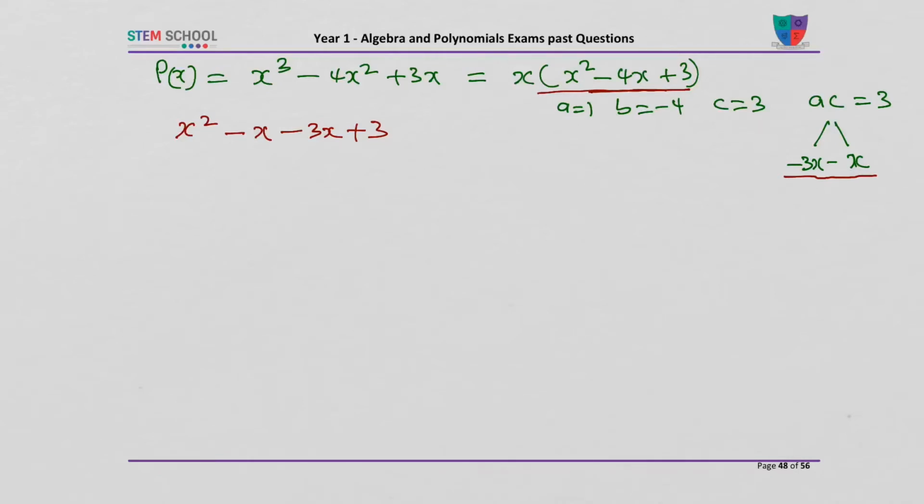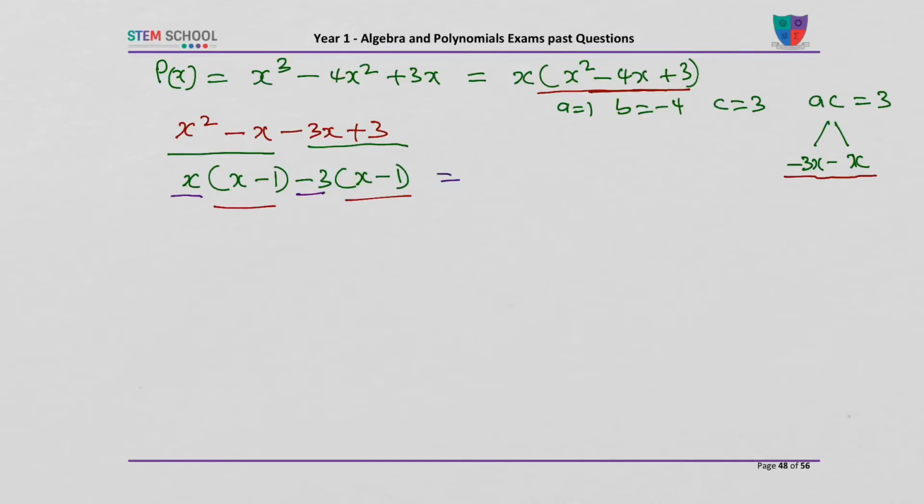I can now see that x squared minus x has a common factor, which is x. Take it out, I get x minus 1. There's a common factor here of 3. Take it out, minus 3, I get x minus 1. So now I've got x minus 1 as a factor, and what's left is x minus 3.